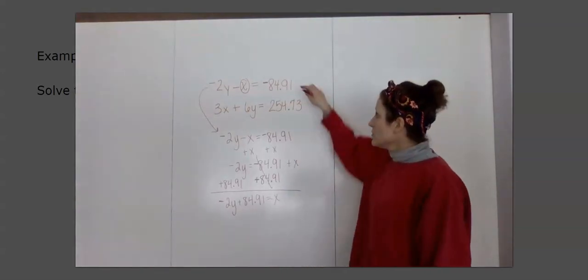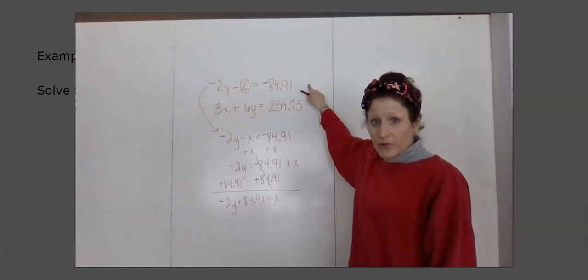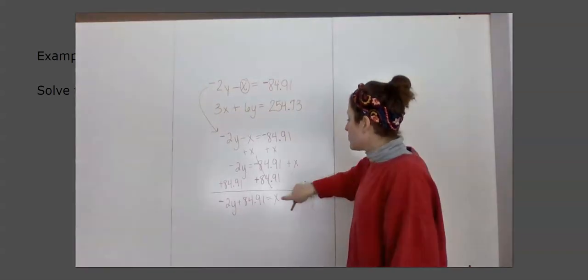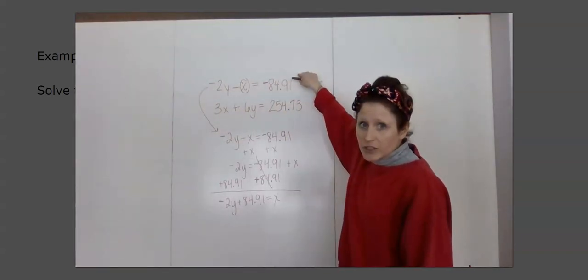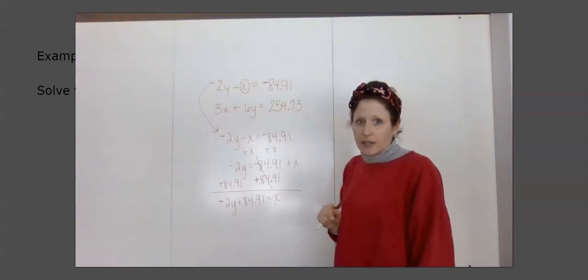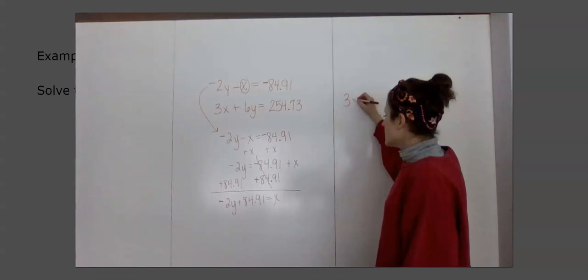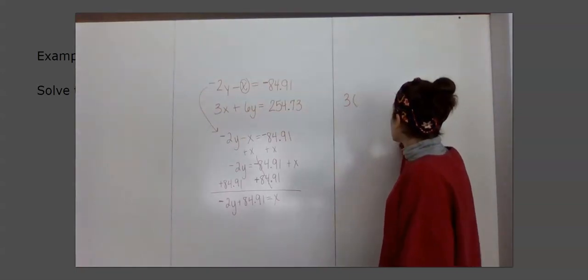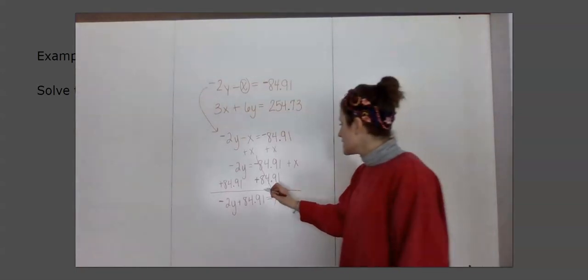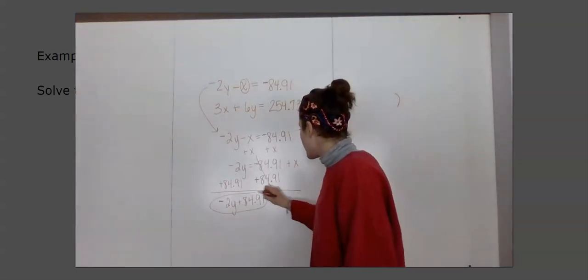Now, if I use this top equation to isolate for my variable, I cannot plug this back into that top equation. I need to plug it into the second one. So I'm going to do that. I'm going to rewrite the second equation here, but this time I'm leaving a space for my x because this is what I'm going to plug in for x.